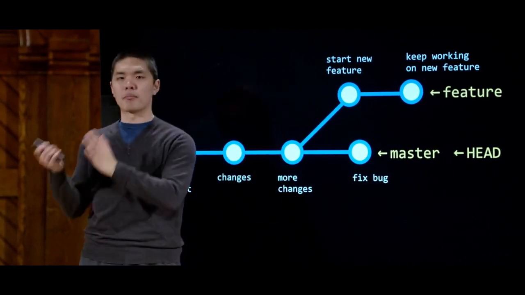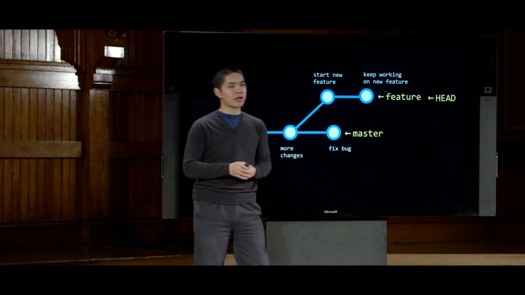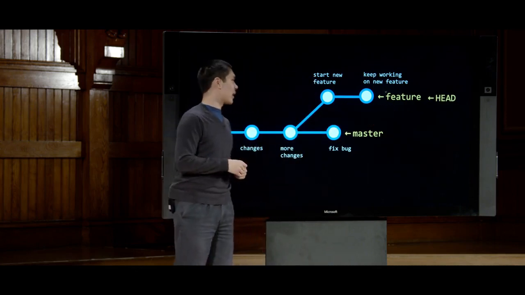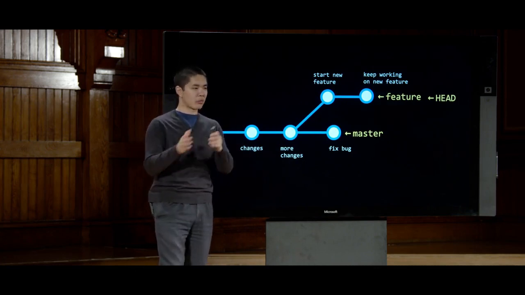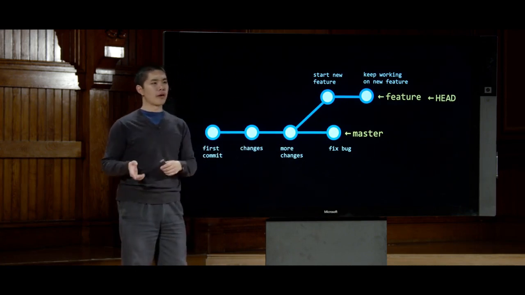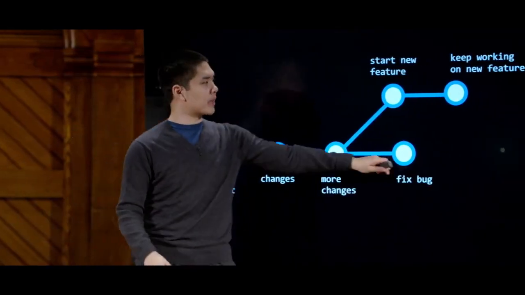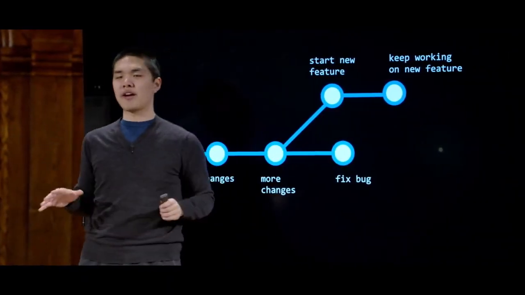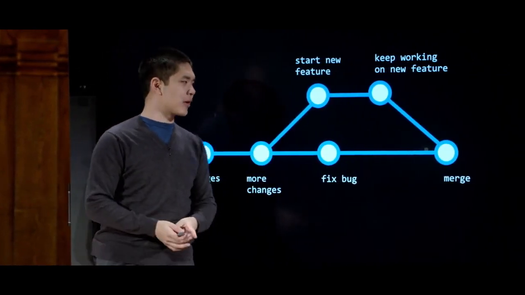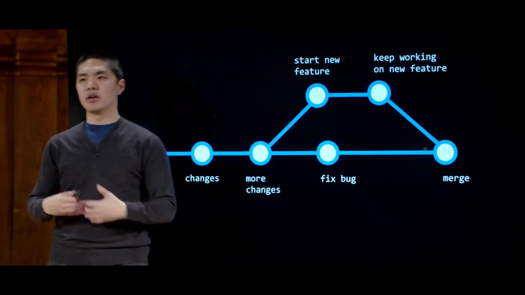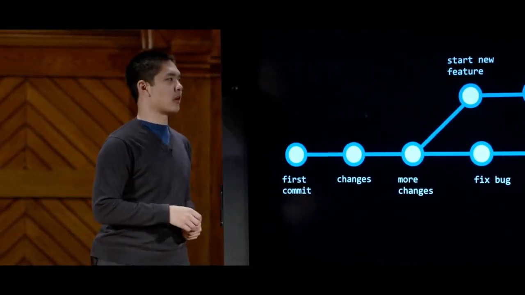But you can change the head. You can switch what branch you want to look at. And you can check out the feature branch and say, let's look at that branch and begin working on that as well. And you can begin working on these different branches by switching where your head is, switching from one branch to another and then back again. And only when you're satisfied that, you know what, this bug is fixed and this feature is in a satisfactory place, then after all of that, we can merge those changes back together so that everything comes back onto this unified master branch that now has all of the latest code.